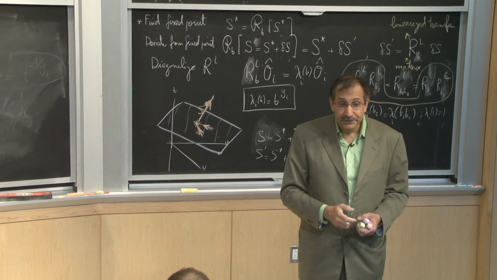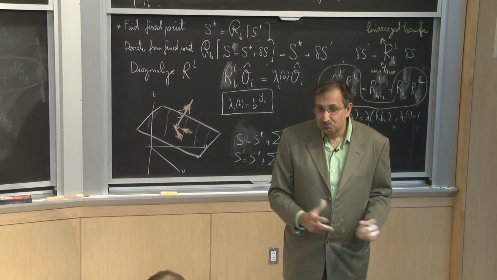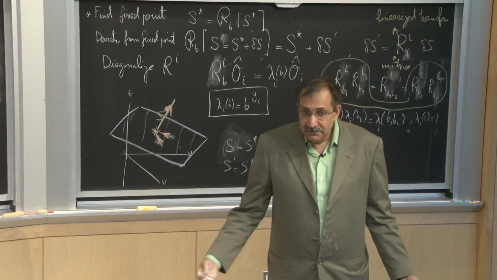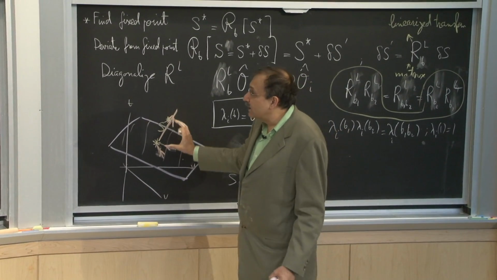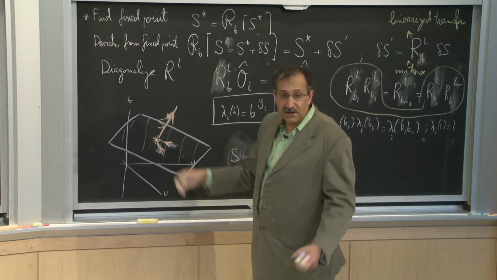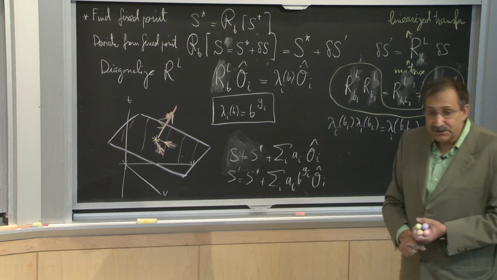Question: why should there be only one fixed point? There is no reason. This was just an example. Locally, let's say we found such a fixed point. Maybe globally there are hundreds of them. I don't know, so that will always be a question in our mind.